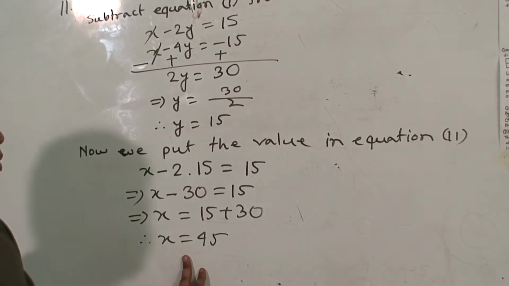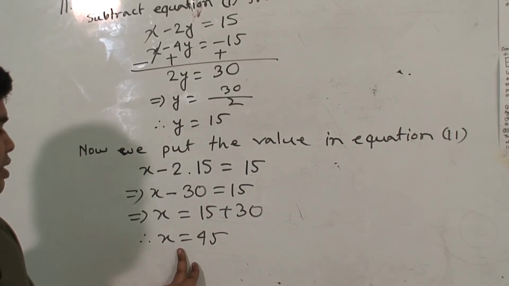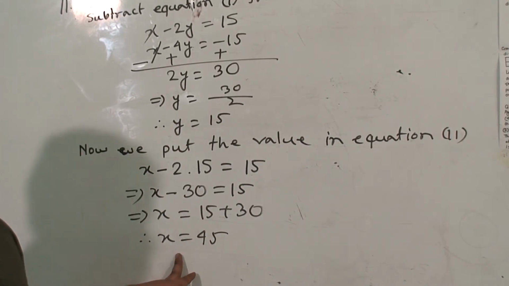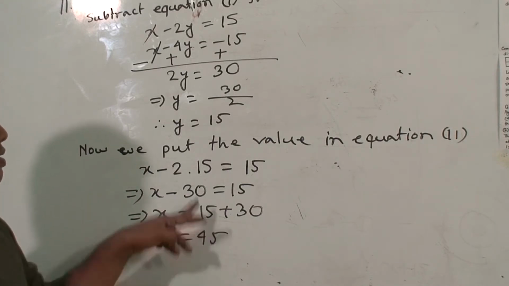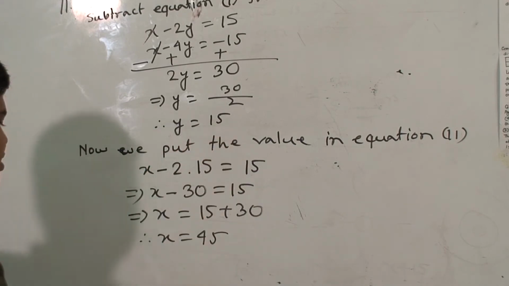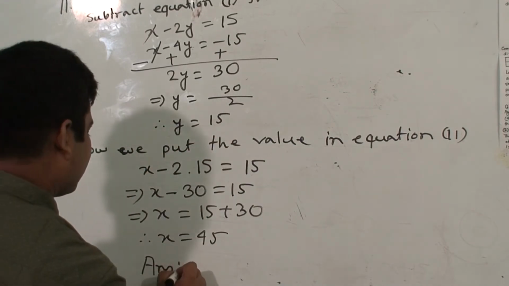So we considered at first the present age of father is x, that means the present age of father is 45 years and the present age of son is 15 years. Now write the answer.